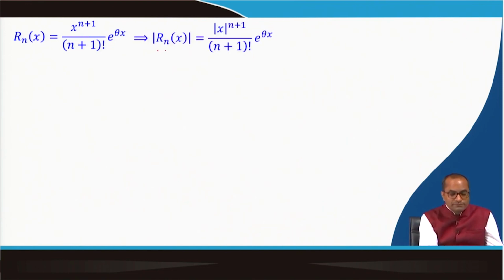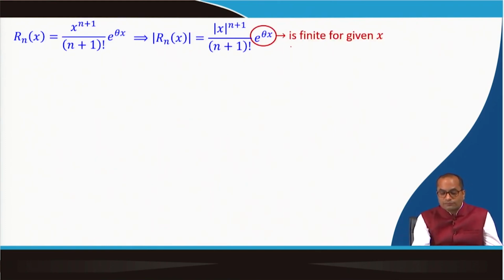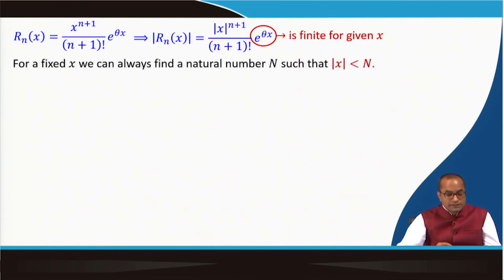So we write down the absolute value of R_n(x) as the absolute value of x to the power n plus 1 over factorial n plus 1 times e to the power theta x. As it is a positive quantity, we did not put any absolute value there, and this is finite for a given x. So whatever x we have, e to the power theta x is going to be a finite number, so we are not much worried about this number.